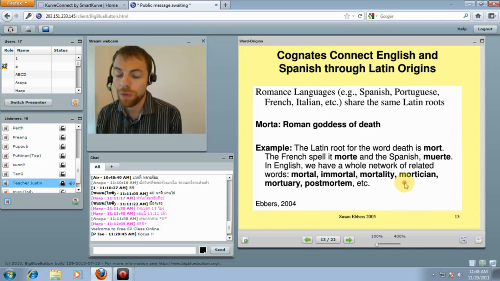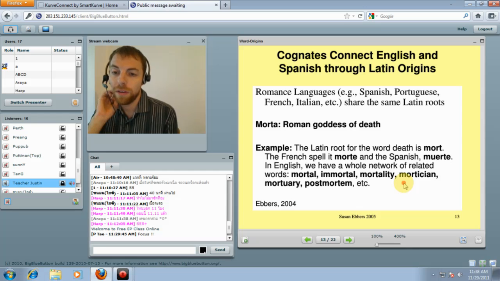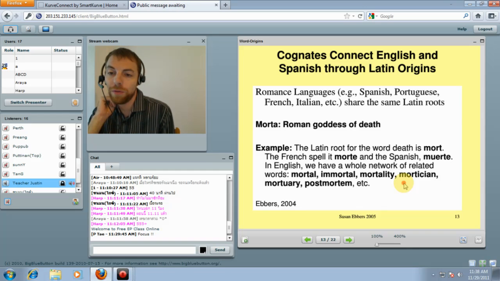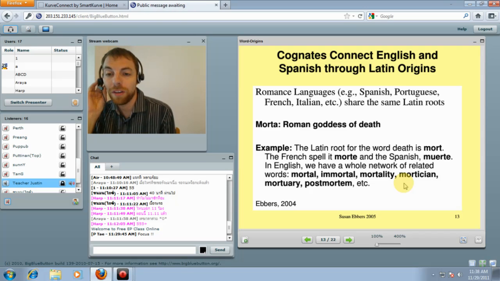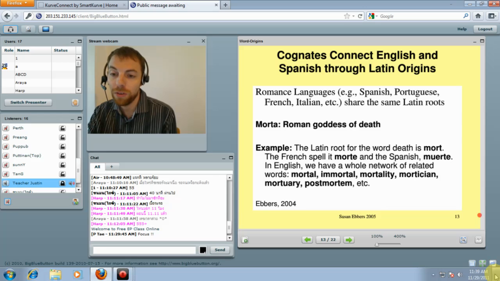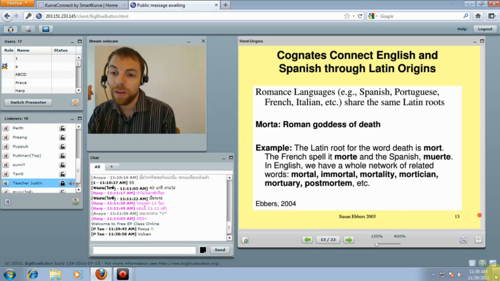Well, if you're familiar with Greek history, Vulcan. Oh, Vulcan. Vulcan is volcano. Yeah. Vulcan is a Roman god dealing with making weapons and swords and working with fire. And Vulcan also gives us the word volcano.